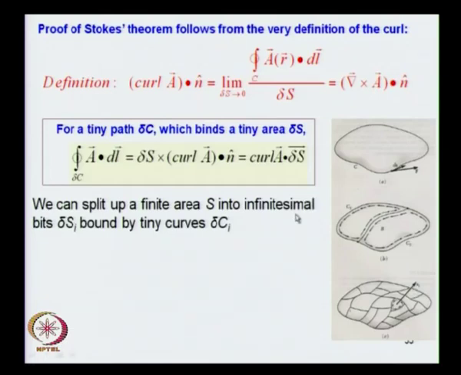And you can apply this definition of the curl of the vector to this tiny piece of area. But then you could also apply it to any neighboring element like this one, or the one on this side, or the one on the other side, and you will find that each neighboring piece will have this path integral, the circulation, traversed in opposite directions, like you see in this figure over here.